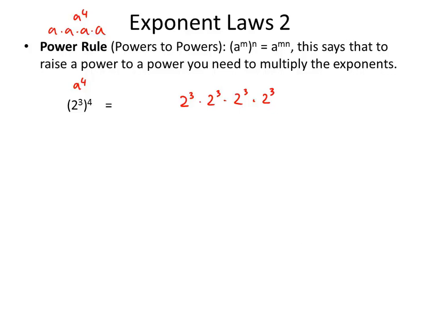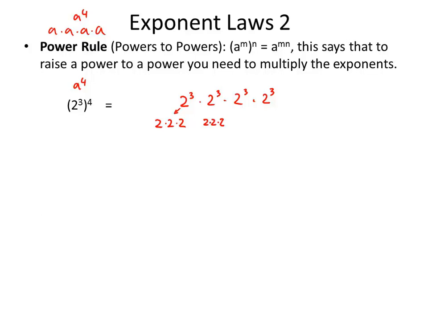So this and this are equivalent. Now when we have 2 to the power of 3, we know that this means 2 times 2 times 2. So that's what this one right here kind of means. 2 to the power of 3 means 2 times 2 times 2. And this one means the same thing. So this also means 2 times 2 times 2.